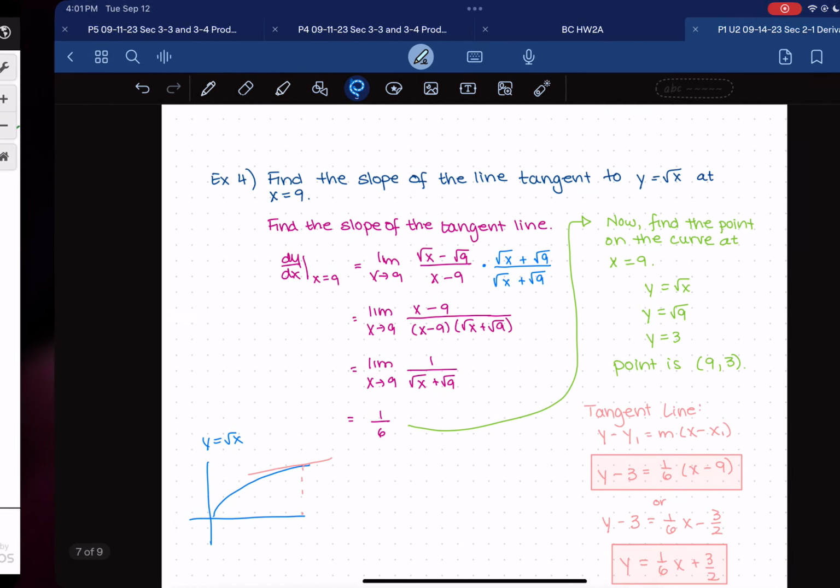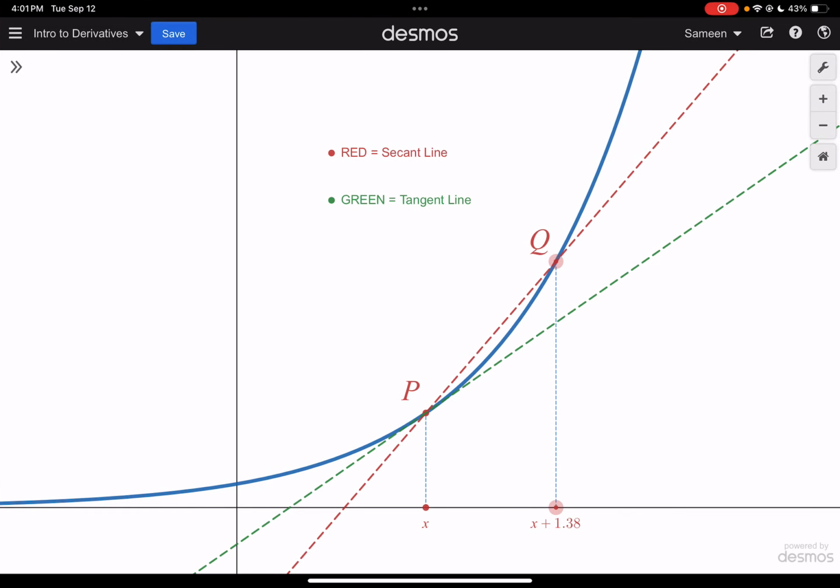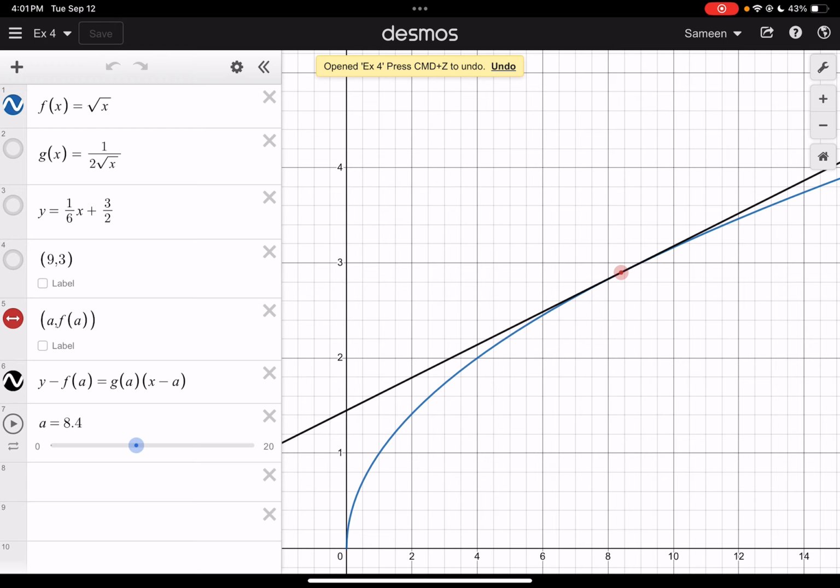And then just really quickly, I'm going to go back to Desmos here. So here's example 4 again, that last example we were just looking at. And again, I apologize, when I'm at Desmos, I don't have any way of pointing on the screen. If anybody knows of an app that will let me use my pencil as a laser pointer on the screen in general, I would love that.